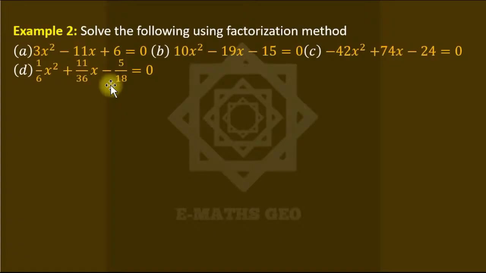Though in a real question, they will ask you to solve, and you then check whether it's possible to use factorization or another method. But now they know that it's factorizable. That's why they say we should solve by factorization. So let's solve.